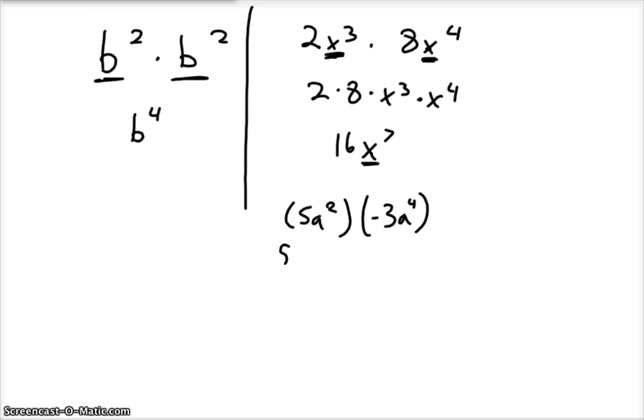So we really have 5 times negative 3 times a squared times a to the 4th. All right, so I'm going to have negative 15a, and add the exponents together, to the 6th power. All right, and that is our final answer. So that's how we solve our problem. So whenever we multiply monomials, we're adding the exponents.